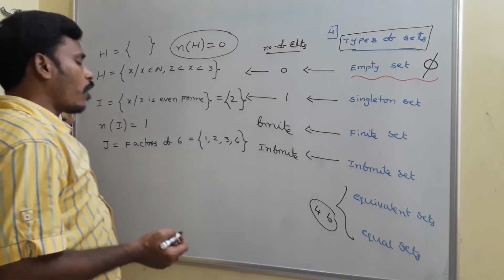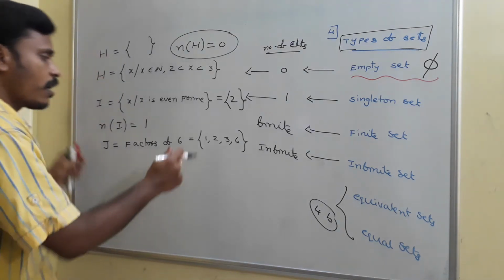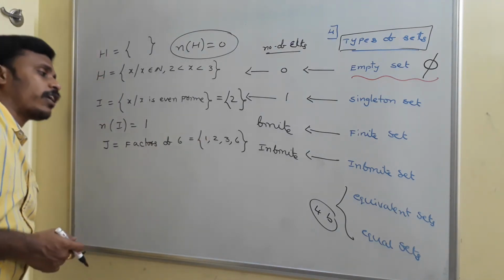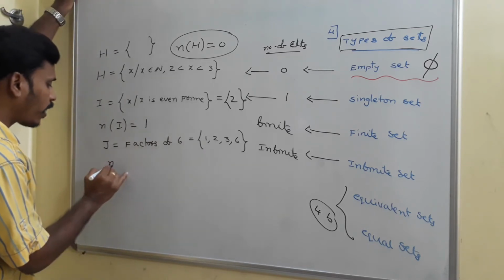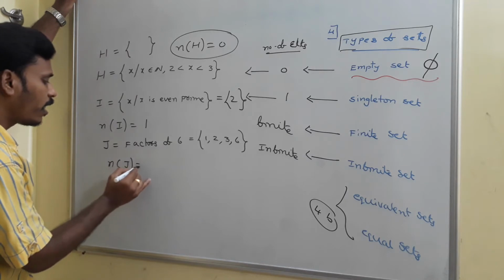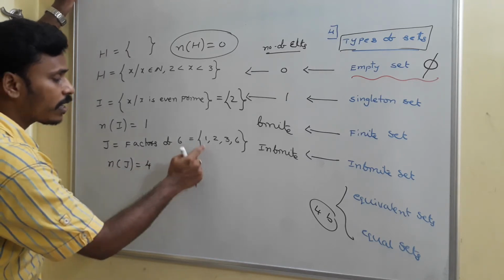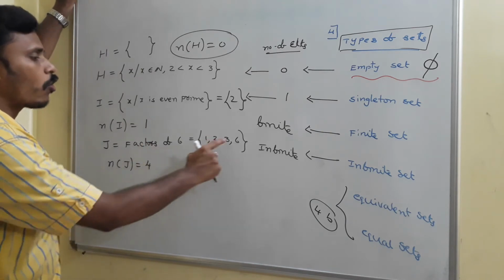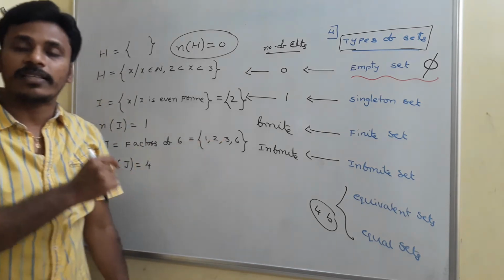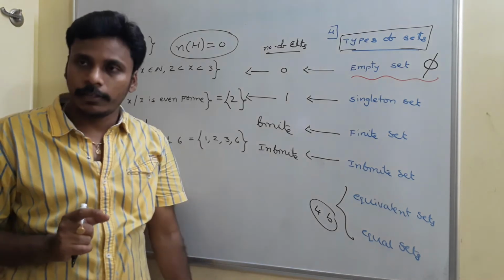No. These are the factors of 6, and this is set J. If you count the number of elements in set J, that is equal to 4. Since the number of elements in this set is 4, a finite number, we mention this as an example for a finite set, right?